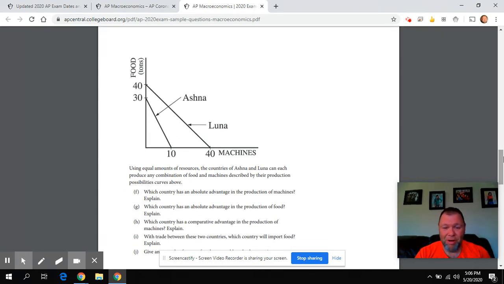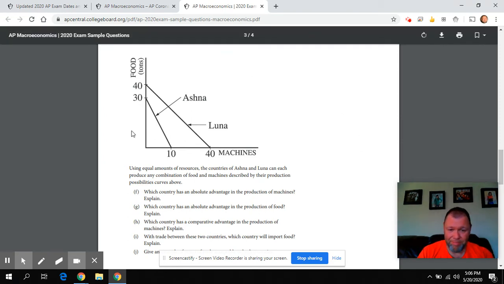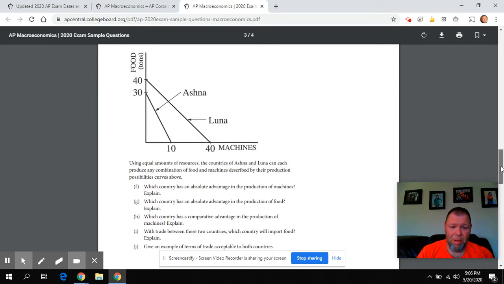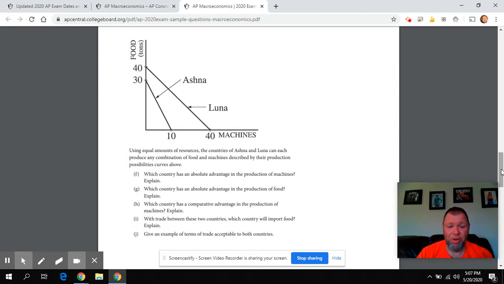The second question here is comparative advantage, absolute advantage, using PPC curves, right? So remember, absolute advantage is just who can do the most. Which country has the absolute advantage in machines? Luna. And it says explain. I promise you, this is economics.